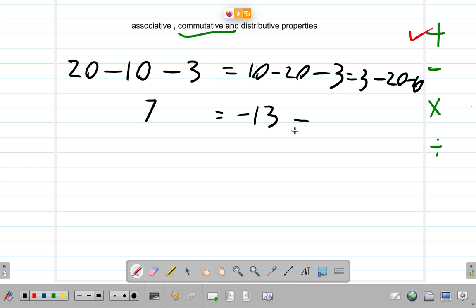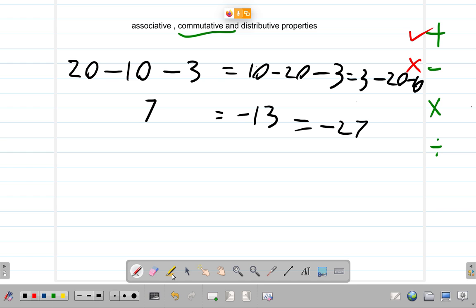And even if we go to the last part here, 3 minus 20 is negative 17. Negative 17 minus 10 is negative 27. 3 different answers. So we can say that subtraction is not commutative. So let me mark here.